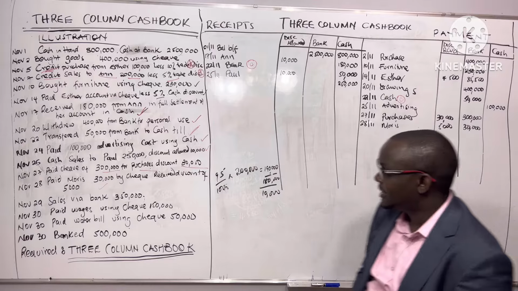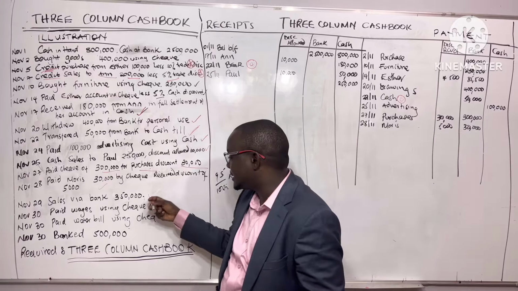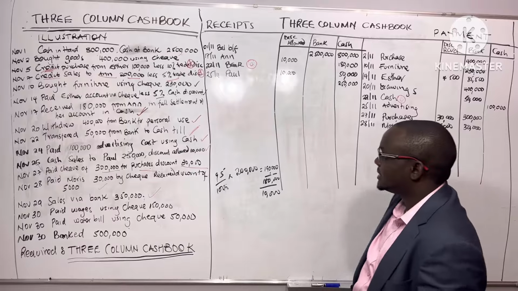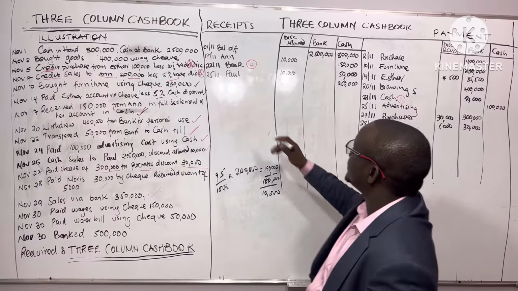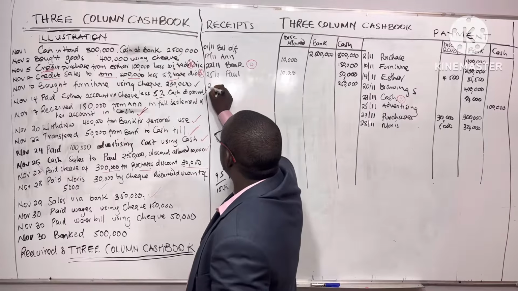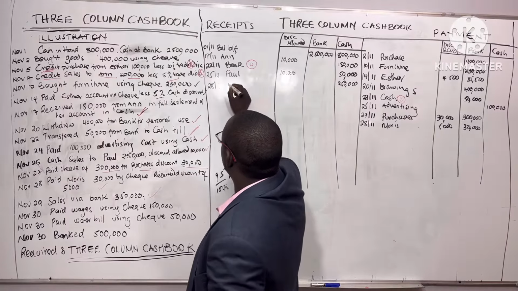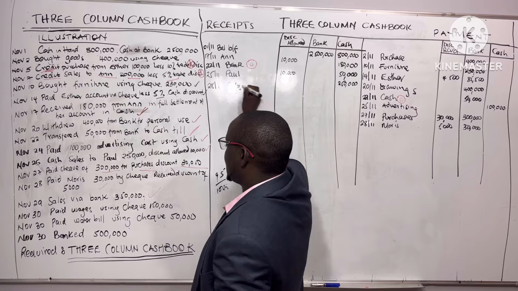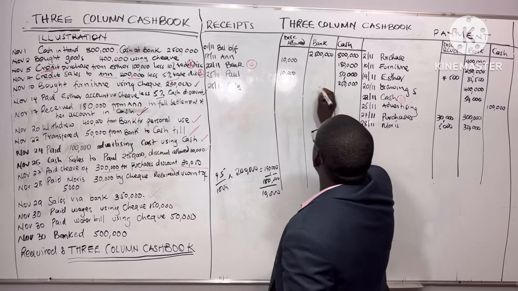The next one, sales via bank 350,000. So we are receiving money. We record 28th of November. Sales. We are receiving 350,000.